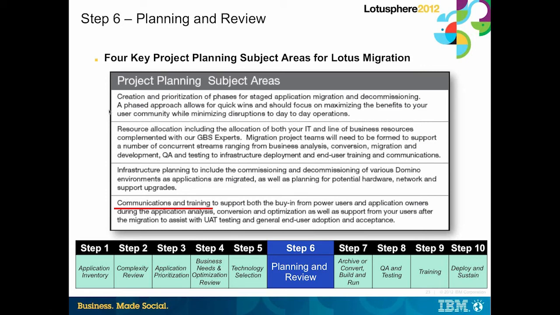How much time do they actually have to allocate to this process? Infrastructure planning, again: commissioning and decommissioning different Domino servers, their environment, what do we do with the clients, etc.